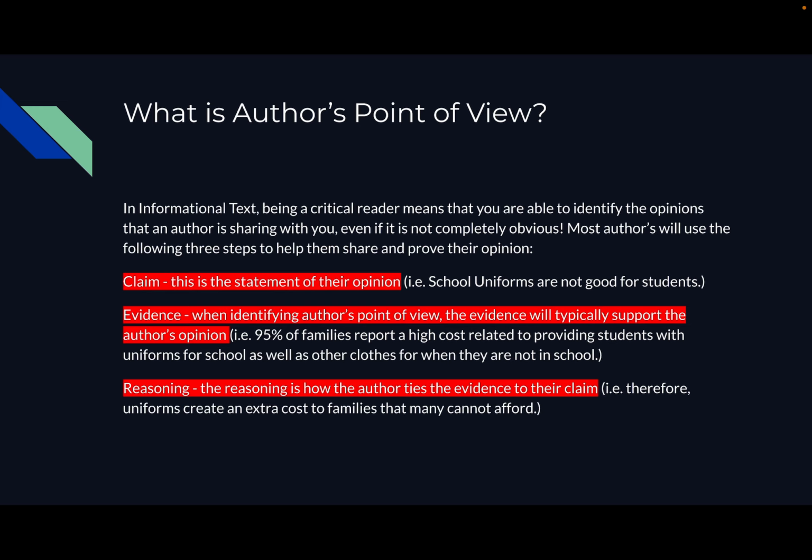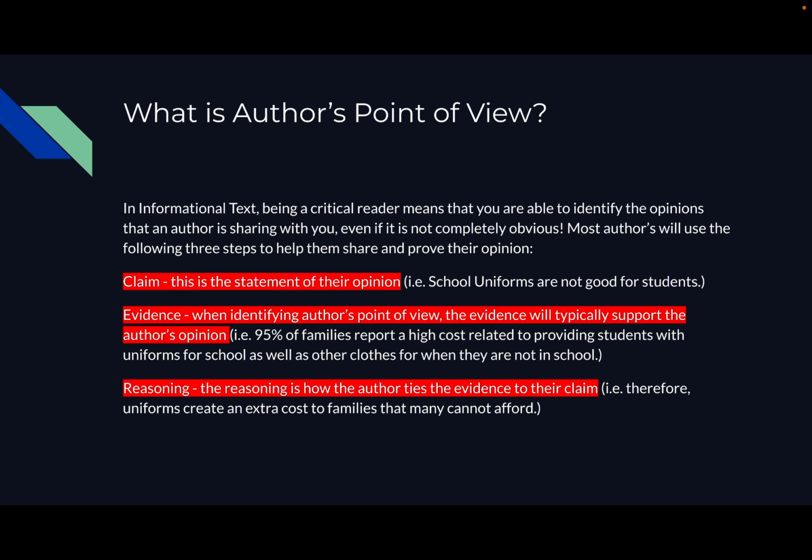So after the claim, as you guys know when you're writing, you follow that up with evidence. So when identifying an author's point of view, typically the evidence is going to support the author's opinion. That's just good writing, right? So if I'm writing an opinion piece about school uniforms, a fact that I might give is 95% of families report a high cost related to providing students with uniforms for school, as well as other clothes for when they are not in school.